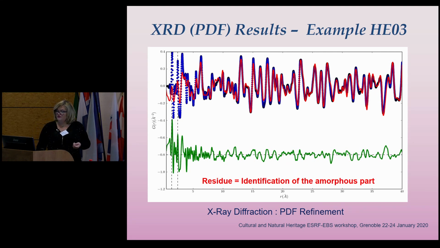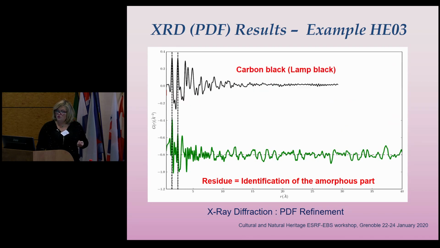So this shows that the crystalline part of the black powder fits exactly, and the residue from the crystalline part was the amorphous part of carbon black.